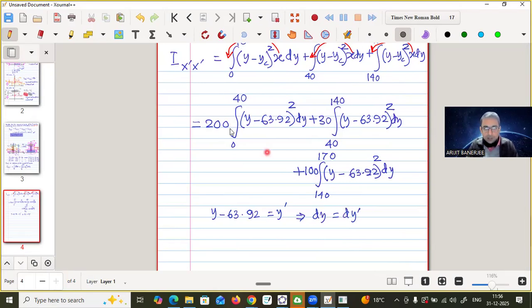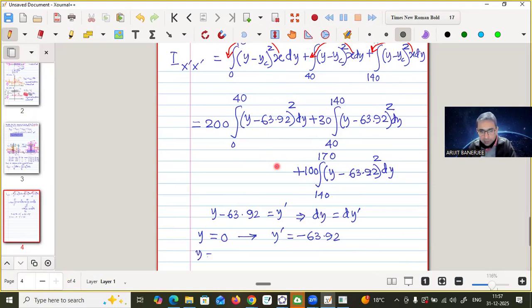So it will be simply y prime square. And what will be the changes of the range? Can you tell? When y is equal to 0, what is y prime? 0 minus 63.92, minus 63.92.